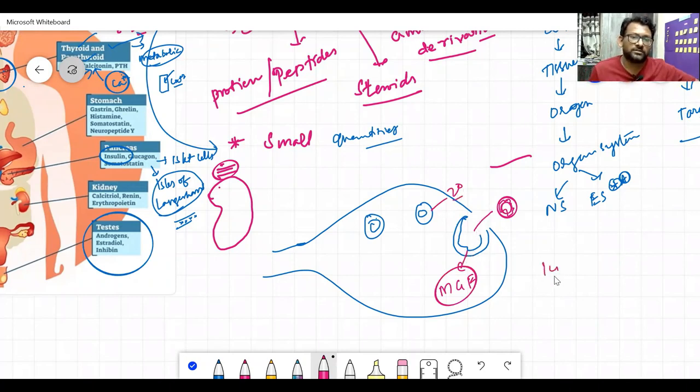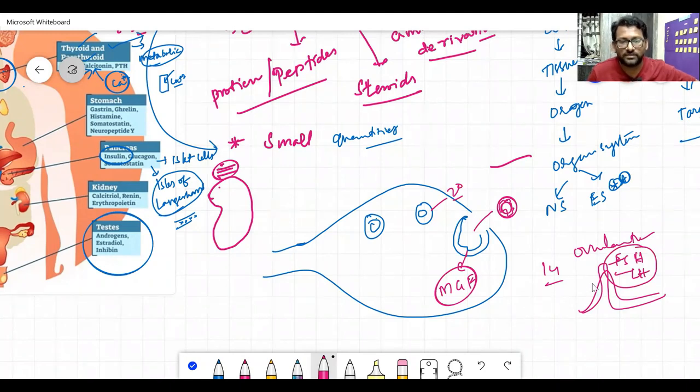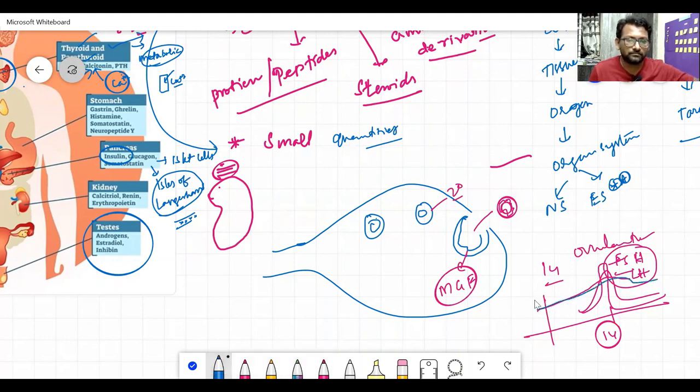At maturity, on the 14th day or during ovulation, FSH and LH, which are hormones released by the pituitary gland, would be at a peak level. Estrogen levels also will be increasing. Once the mature Graafian follicle releases the ovum, it later gets converted into corpus luteum.